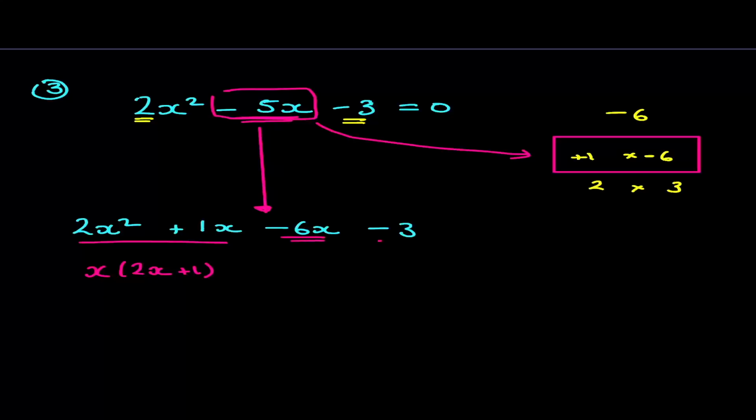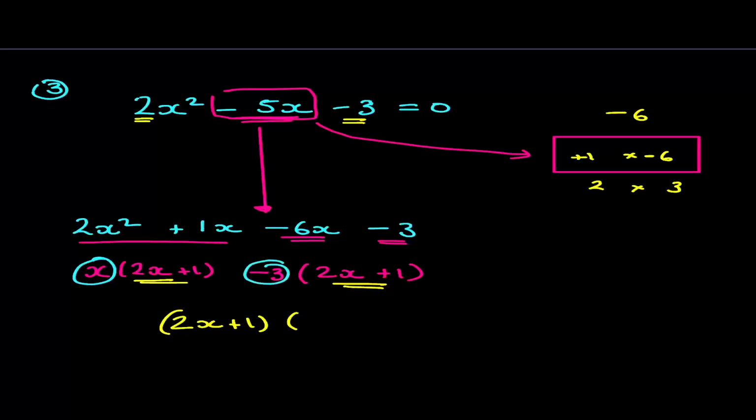Well, we can remove neg 3 out as a factor. And that will leave me with 2x plus 1. And now 2x plus 1 is a factor, so we could remove that out. Make sure you write it in brackets. And you're just left with x take 3. So that's your second factor.